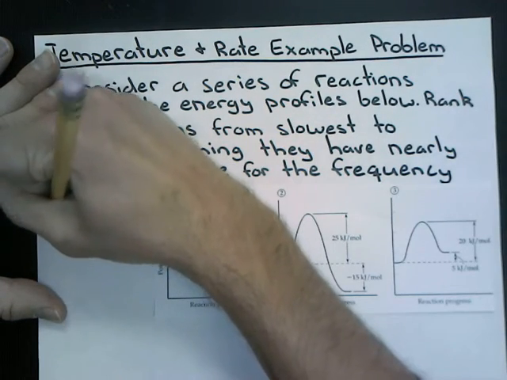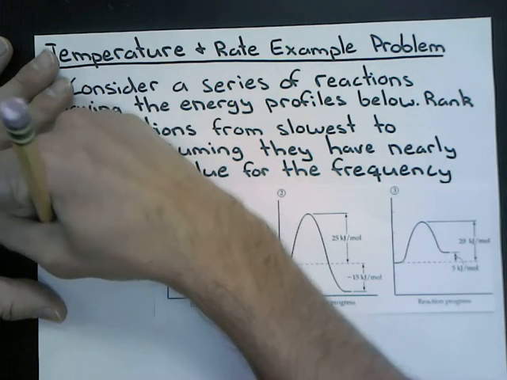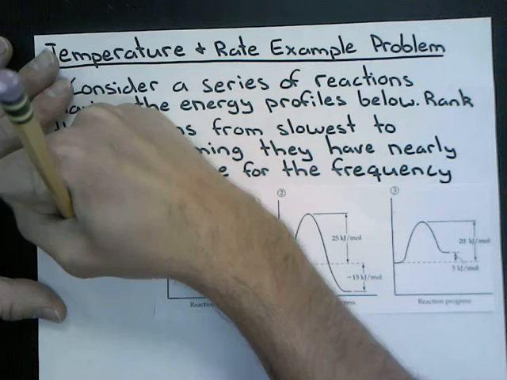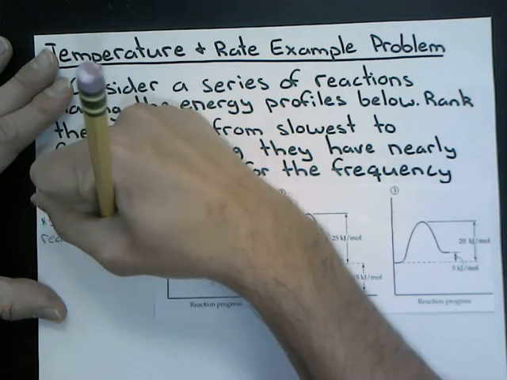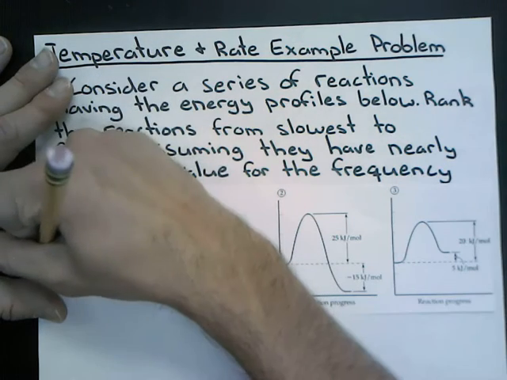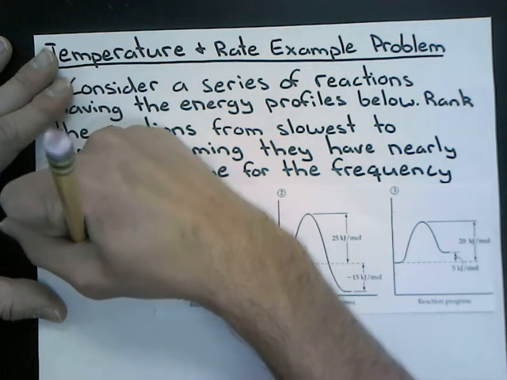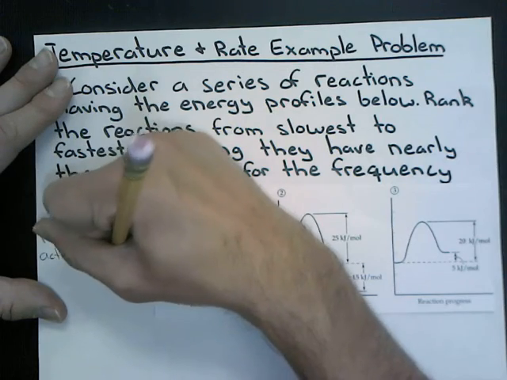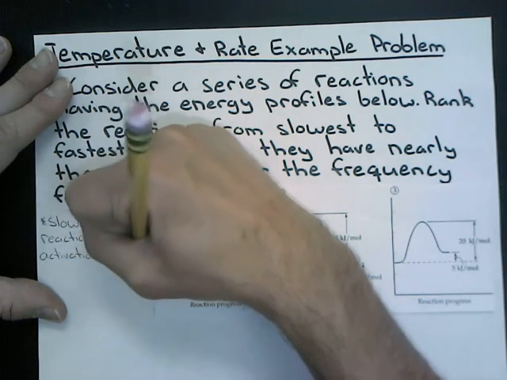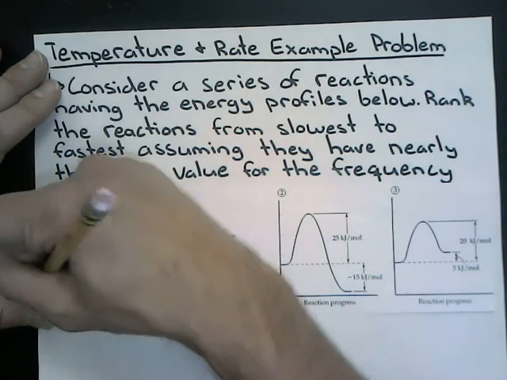So the slowest reaction means you have the greatest activation energy. On the flip side, the fastest reaction is going to have the least amount of activation energy.